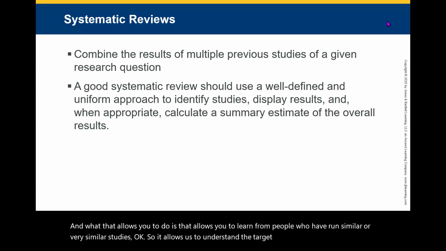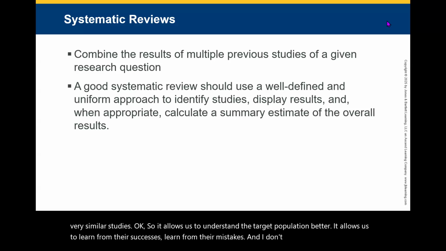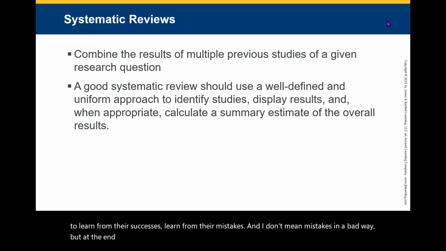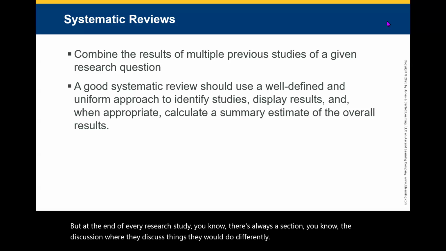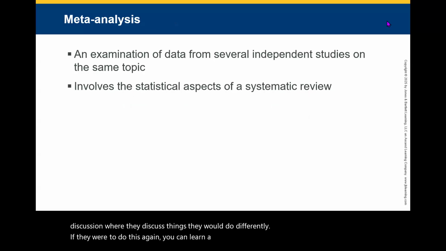It allows us to learn from their successes, learn from their mistakes, and I don't mean mistakes in a bad way, but at the end of every research study, there's always a discussion section where they discuss things they would do differently if they were to do this again. You can learn a lot from past studies that have been done.